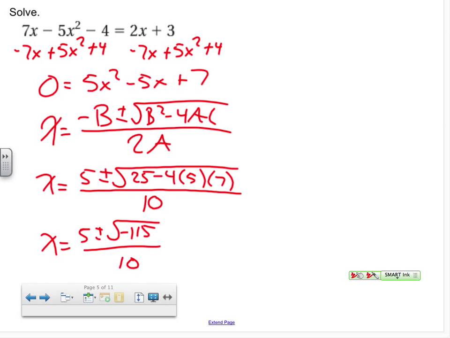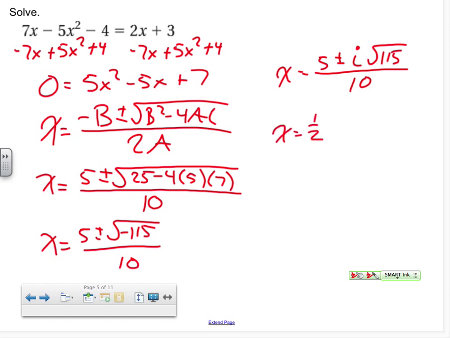But treat it as square root of 115 times the square root of negative 1. 115 doesn't simplify, so we got 5 plus or minus i square root of 115 over 10. All right, you can leave it like that, or you can split it into two fractions. And that should work as well.